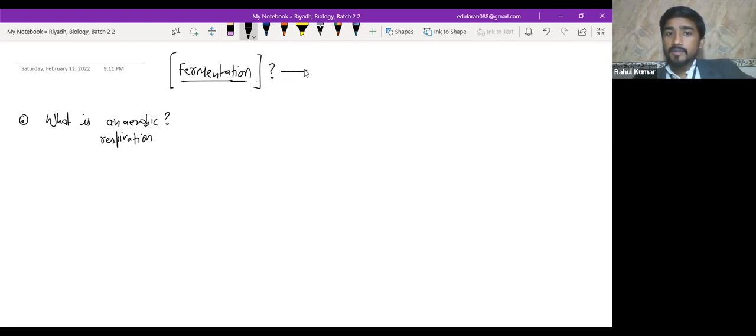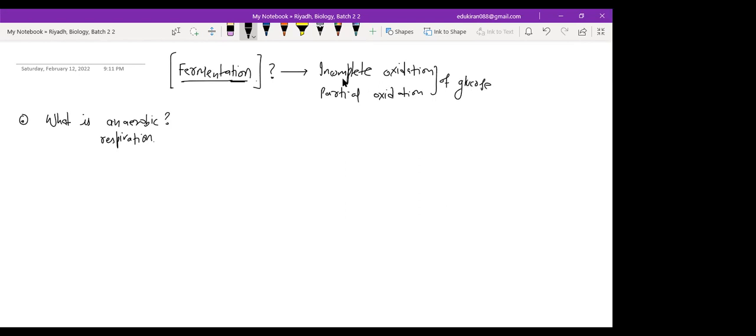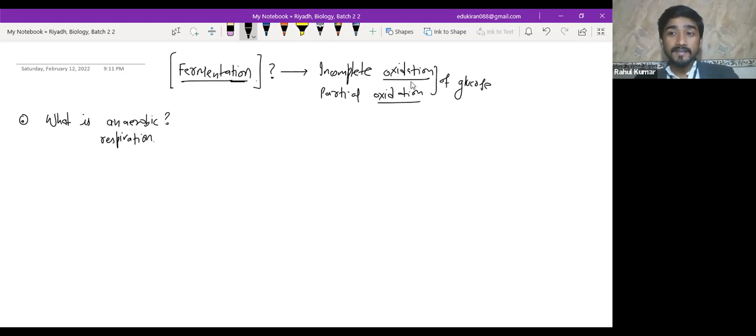But fermentation is called incomplete oxidation, or partial oxidation, of glucose. Is it clear? Yes, sir. Incomplete, but there is oxidation, correct? So oxygen is there, but it's limited in supply or very, very less. It's not a complete absence of oxygen.